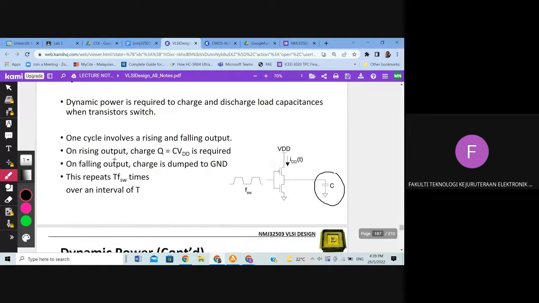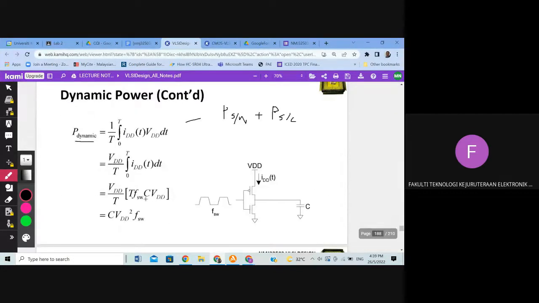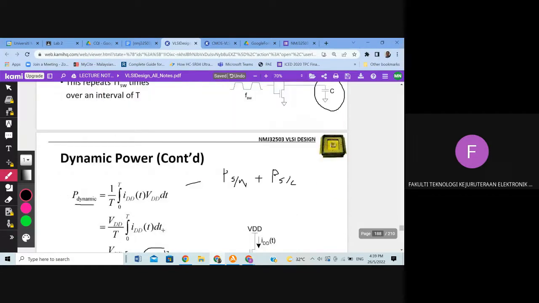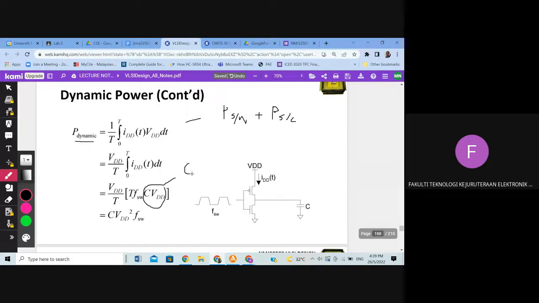So where we use the element of Q, the charge Q equal to C VDD, remember. From there you can substitute here: C VDD equal to Q. Q is actually what we get from integration of the IDD over T. And also TSFW, which is the factor here.